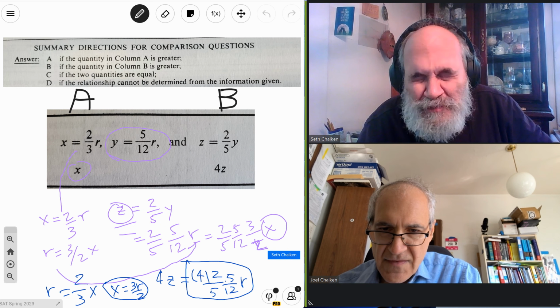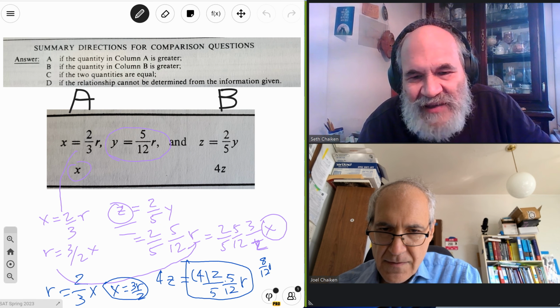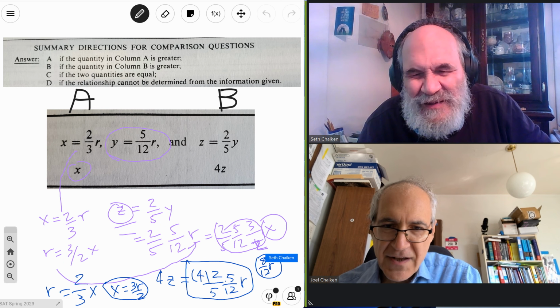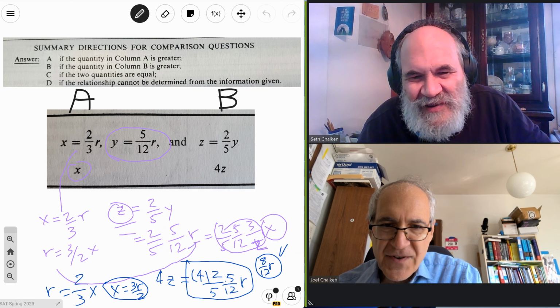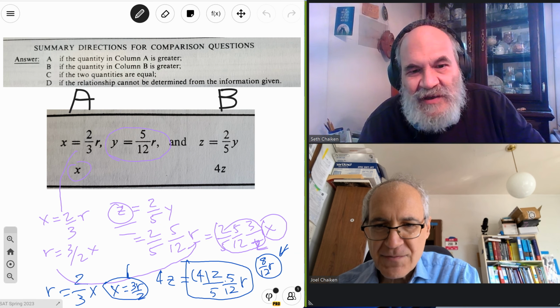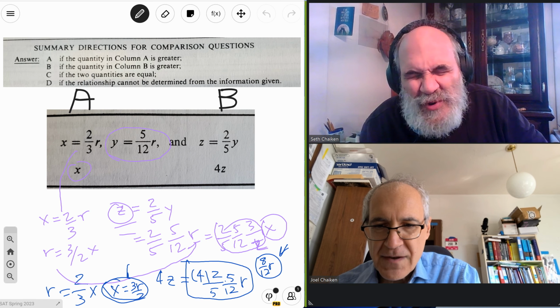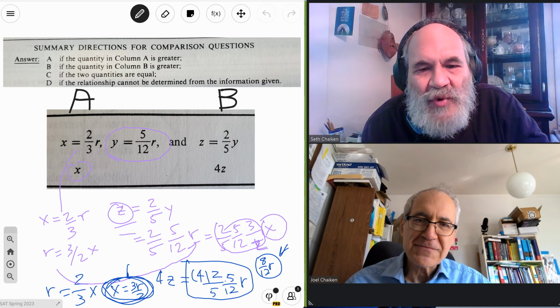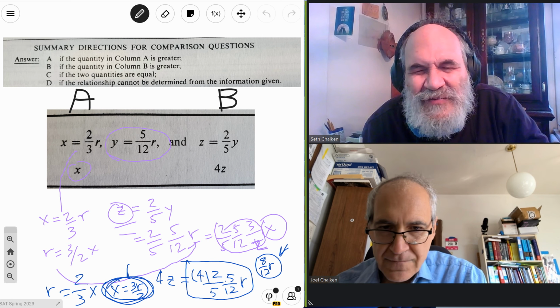So this is some positive number, right? Wait, I already got the answer. Seth, I already did it. The 4Z is 3 over 12R, and the X is 3 over 2R. There's a problem here. We don't know whether these quantities are negative or positive.